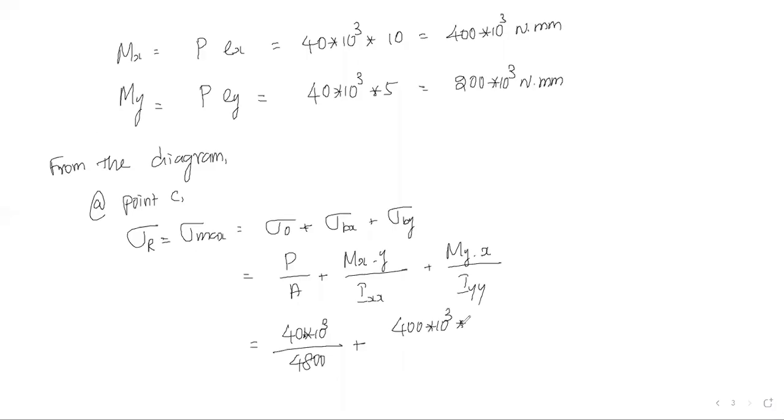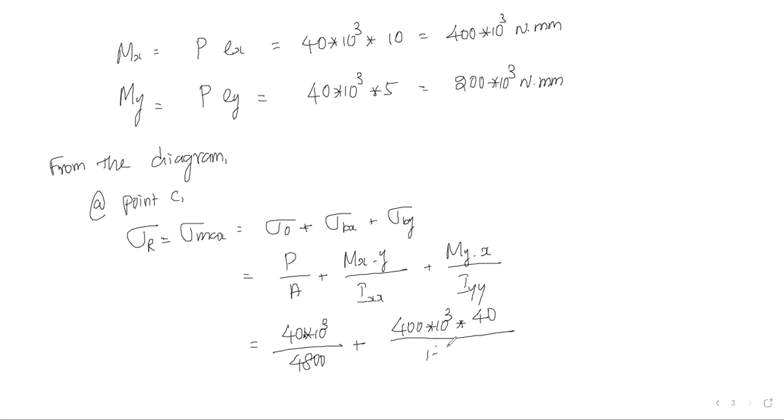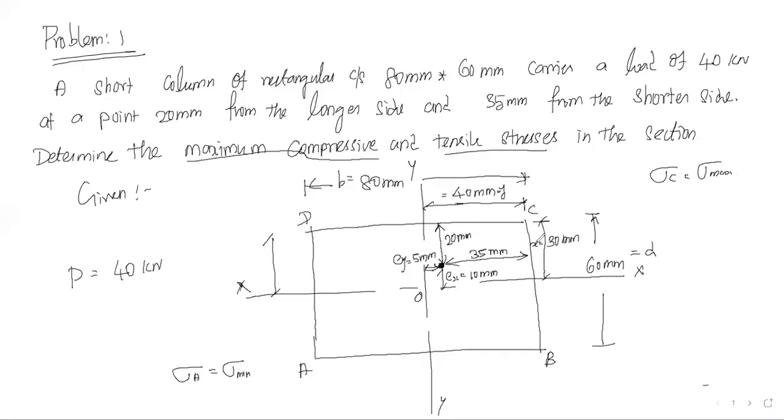So into y is 40 divided by Ixx. So Ixx is 1.44 into 10 to the power 6. So this is y value and this is x value.